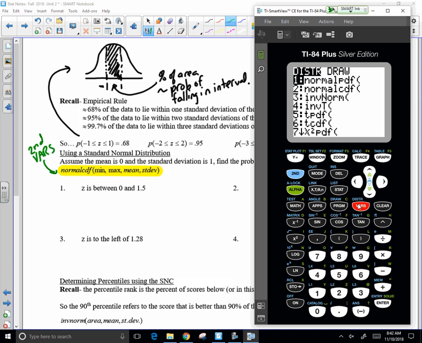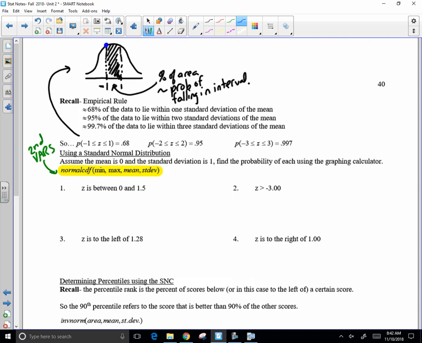We generally don't want normal PDF. I'm not going to ask you any instances in which you would need that. What the normal PDF gives you is the height on the curve. So if I wanted normal PDF, it would be just the height of the curve, so the point on the curve corresponding with a particular z-value.